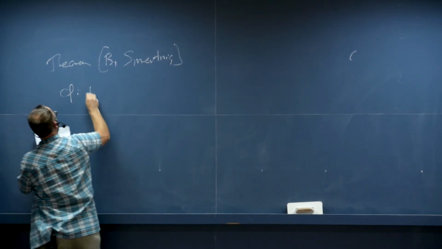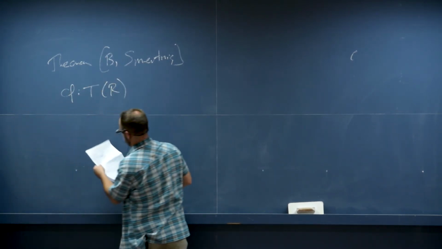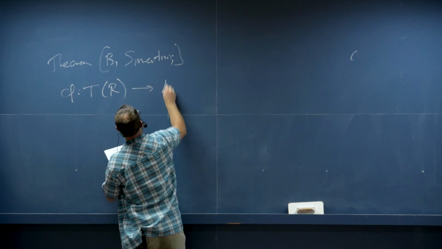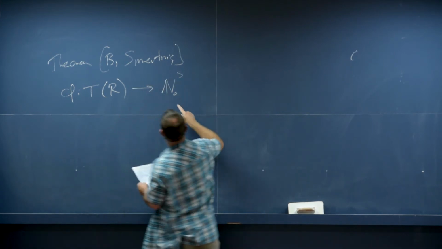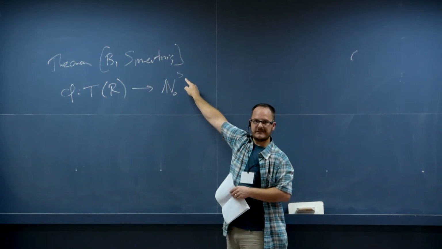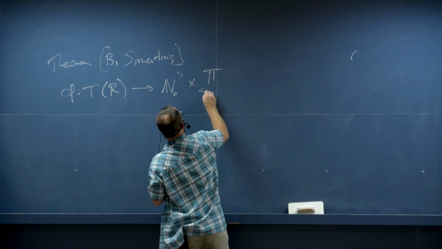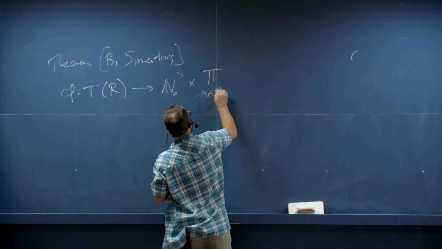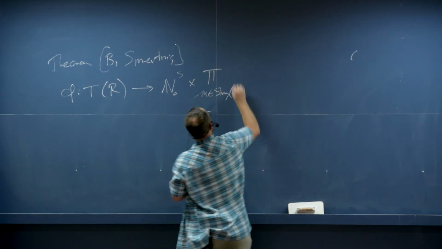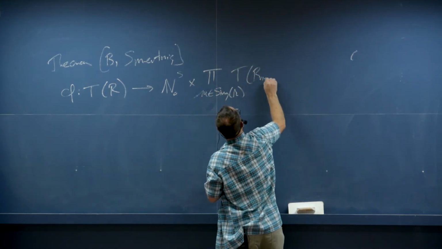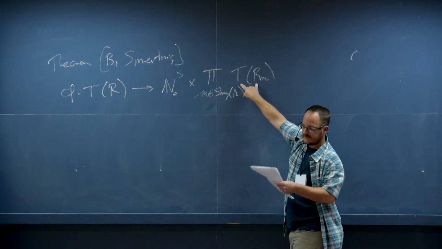The map phi from the monoid of modules over R to S copies of the natural numbers, where S is the number of minimal primes still, and then the product over the singular locus of T of R_m. And again, these are all free semigroups.